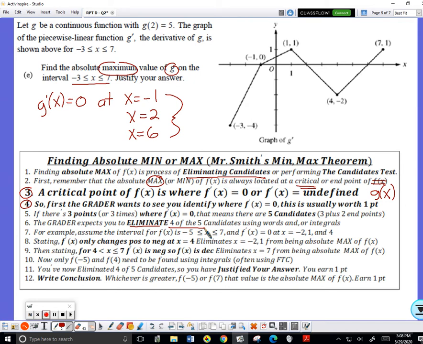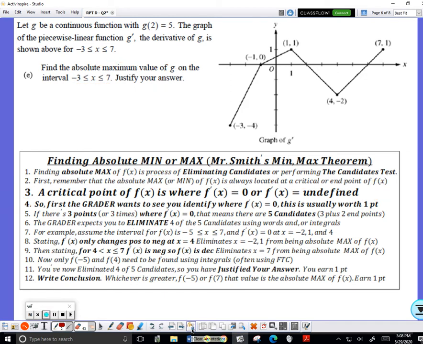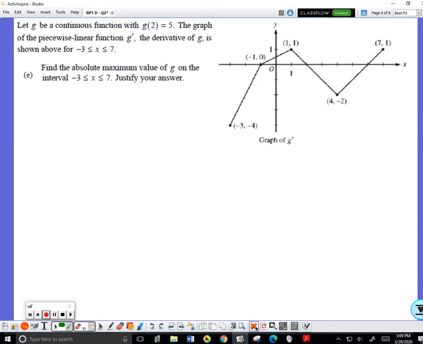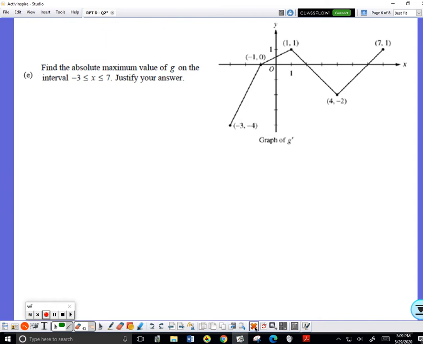So copy this over. Clear this off. g of 2 equals 5. Okay, looking for the absolute max. So I can eliminate that one with some words.